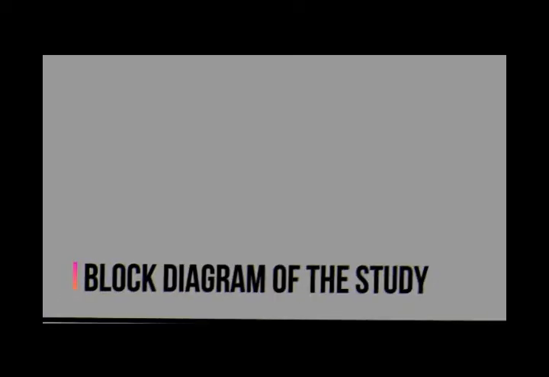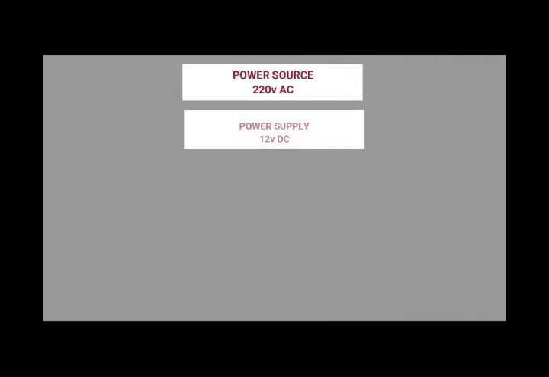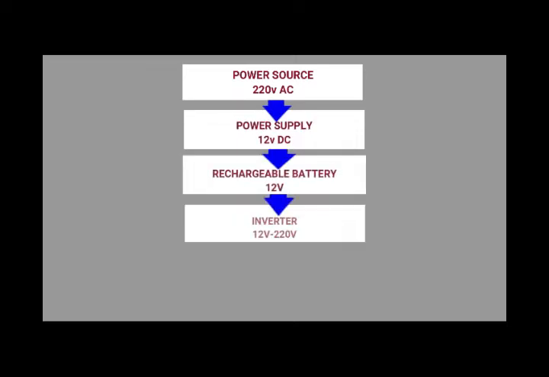This block diagram shows the flow of connection from the source to load. From the power source of 220 volts alternating current, to power supply of 12 volts direct current to the rechargeable battery of 12 volts and to the inverter of 12 volts for mosquito trap and 220 volts for the LED cube.